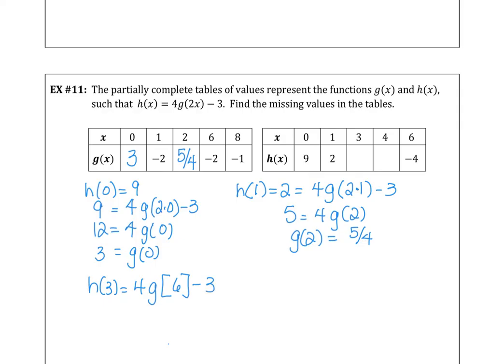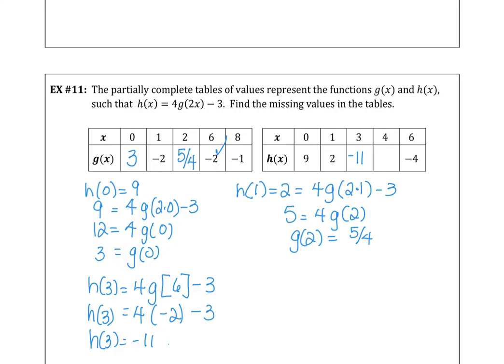So the g of 6, we do know the g of 6. Oh, the g of 6 is over here. So the g of 6 is negative 2, and 4 times negative 2 minus 3 tells us that the h of 3 must be negative 11. So we've figured that piece out.